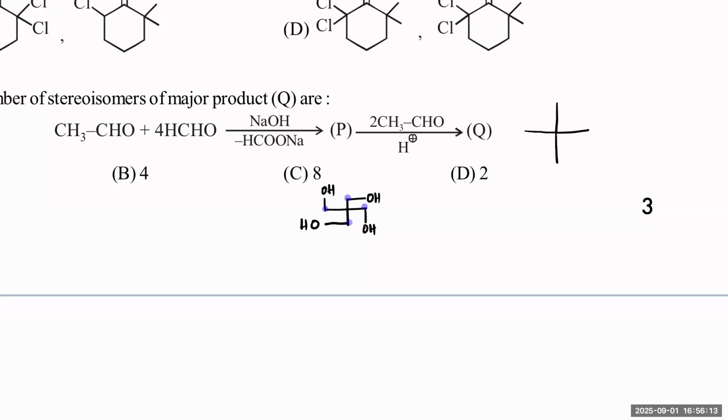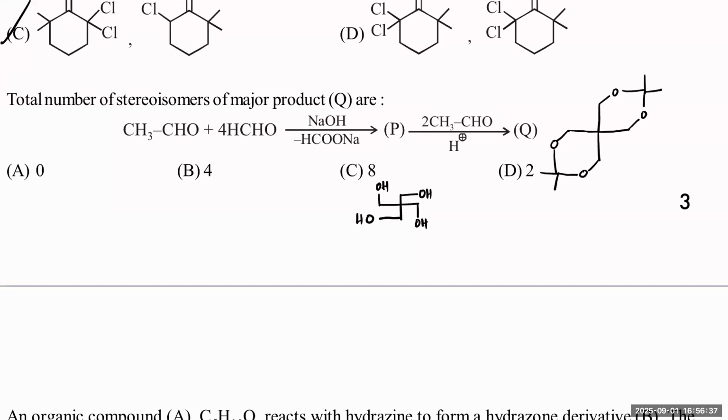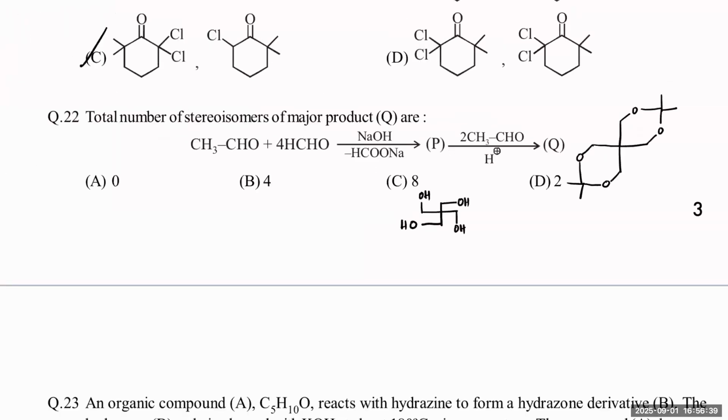Now, here there is an oxygen, which can make an acetal like this. Similarly, here there is an oxygen, and it can make an acetal like this. Check properly. Clear, beta? This is what you will get.